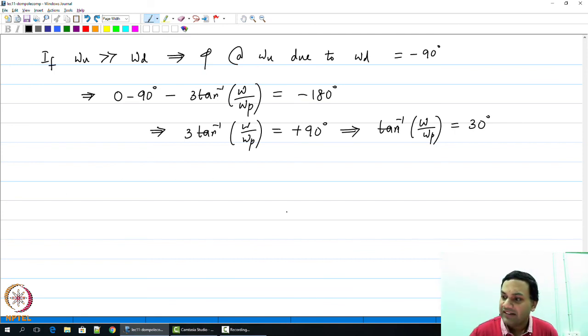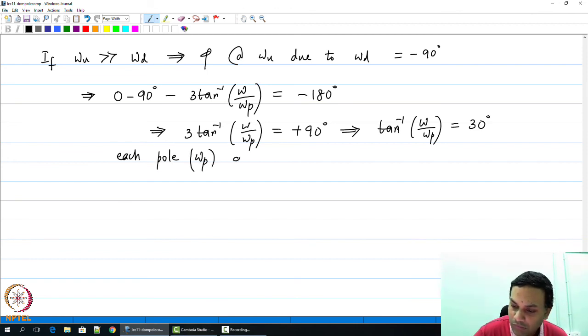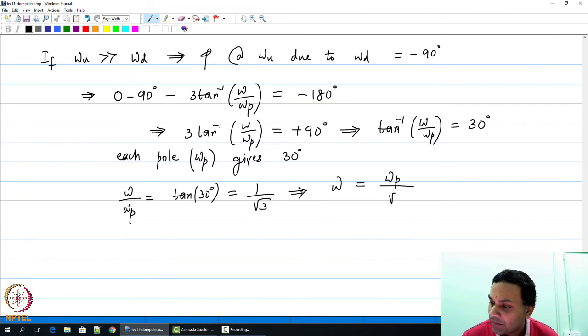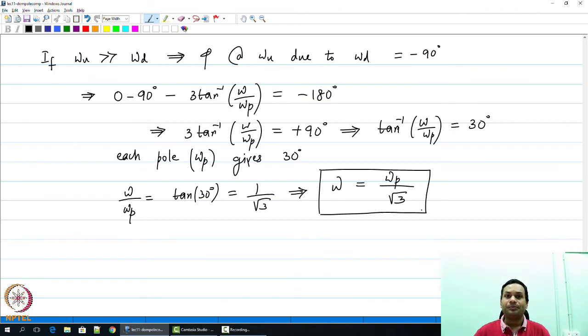Now this means that the contribution of each pole gives you 30 degrees, right? So what is the value of omega by omega p, which is clearly tan 30 degrees. So we now have found out the frequency at which the phase hits -180 degrees. This happens at omega p by root 3.